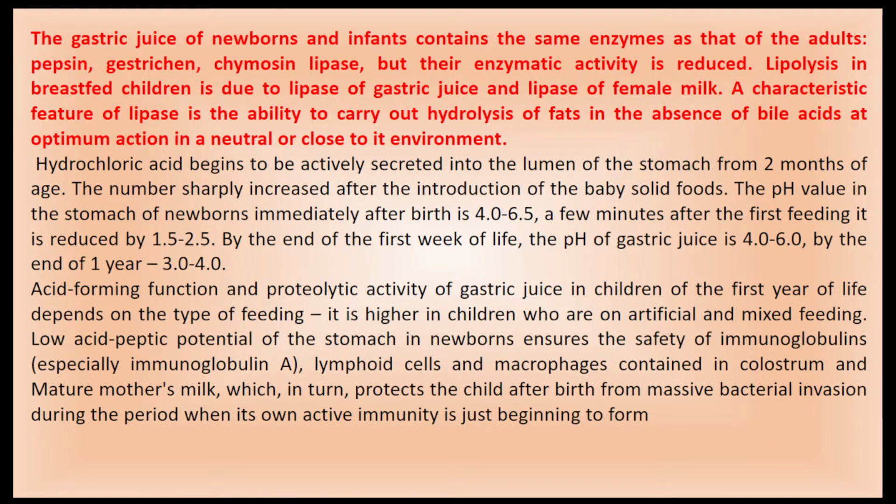The low acid peptic potential of the stomach in a newborn ensures the safety of immunoglobulins, especially immunoglobulin A, lymphoid cells, and macrophages contained in colostrum and mature mother's milk, which in turn protect the child after birth from massive bacterial invasion during the period when its own active immunity is just beginning to form.